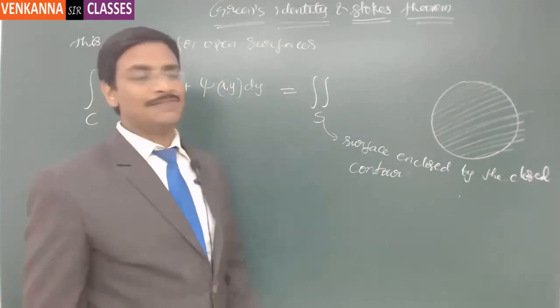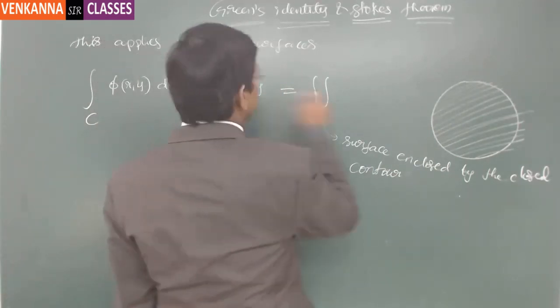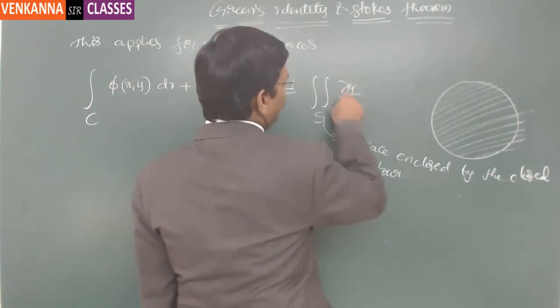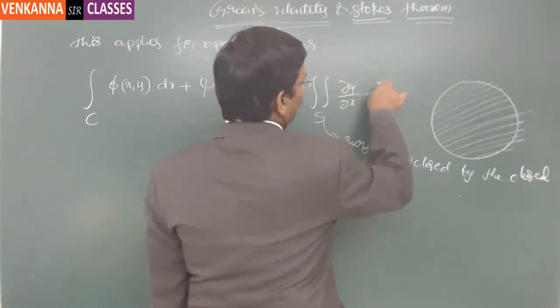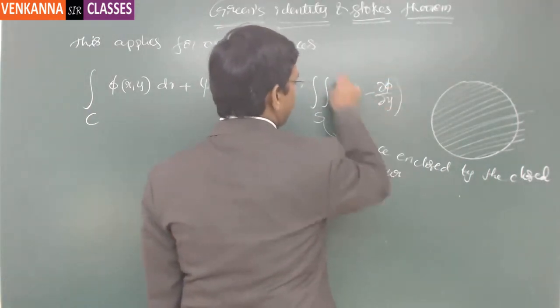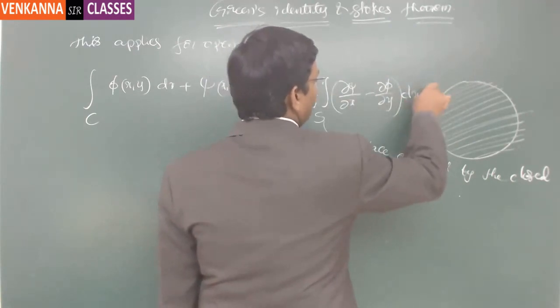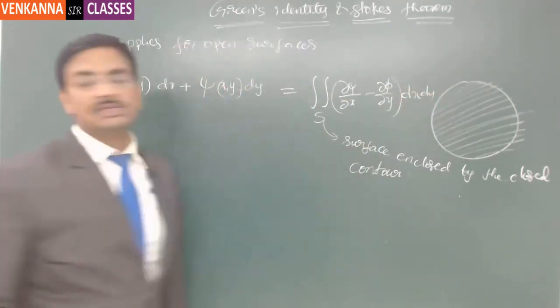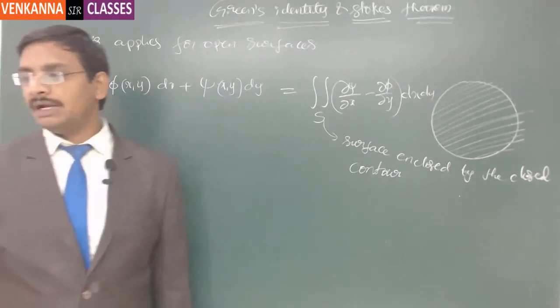Over the surface S, this value is equal to the integral of dou psi by dou x minus dou phi by dou y, dx dy. So this is what is Green's identity.